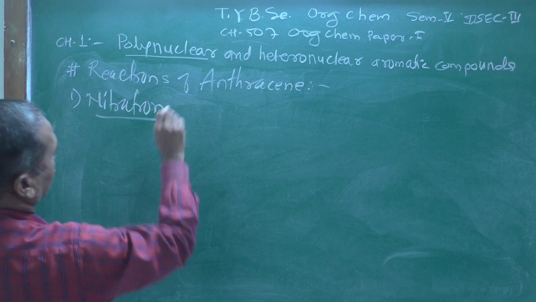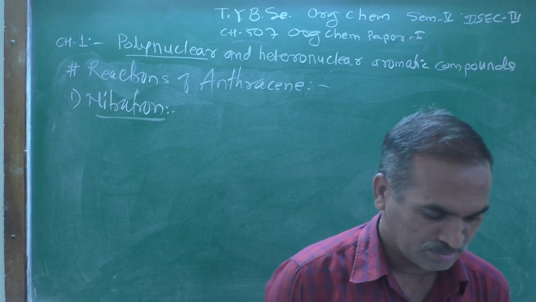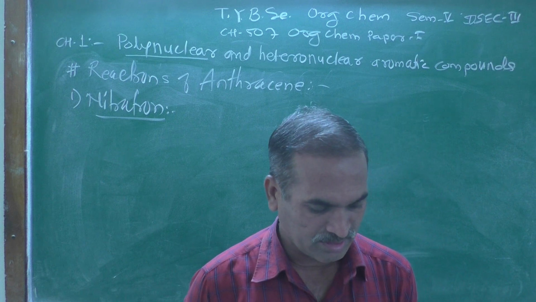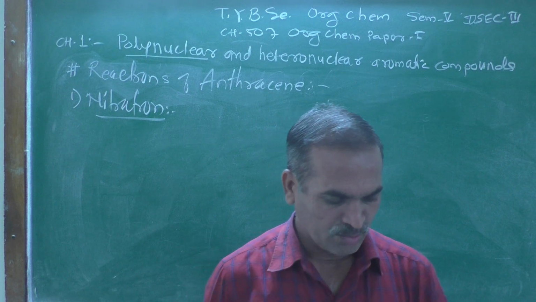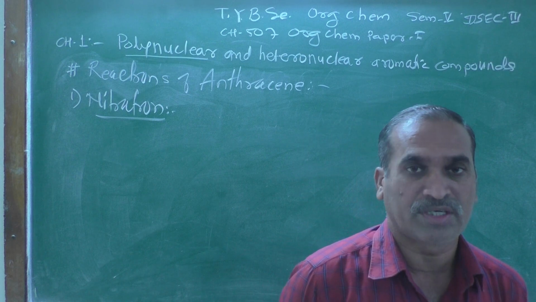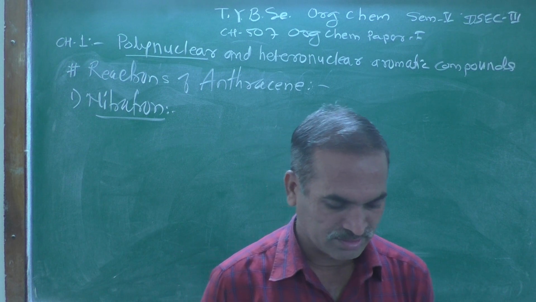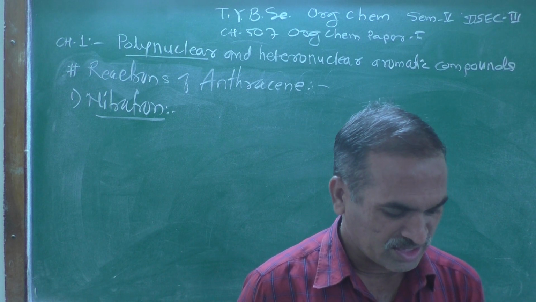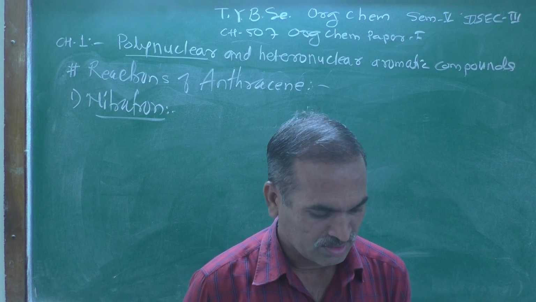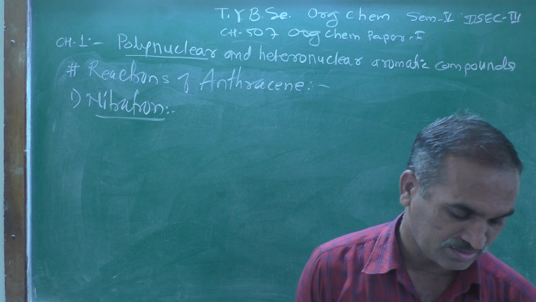As we know, the nitro group can be introduced by using nitric acid. When anthracene is treated with concentrated HNO3 and acetic anhydride at 50 to 20 degrees centigrade, it gives a mixture of 9-nitroanthracene and 9,10-dinitroanthracene.